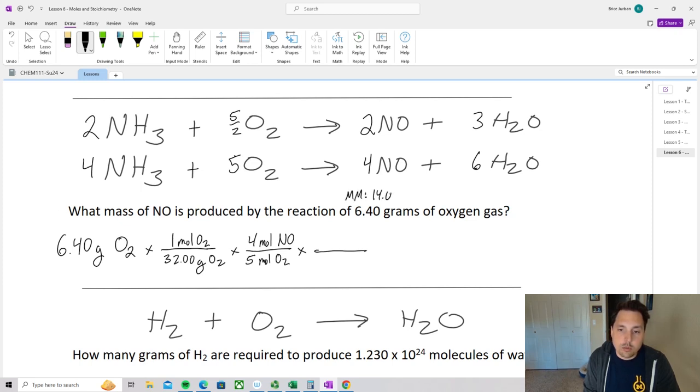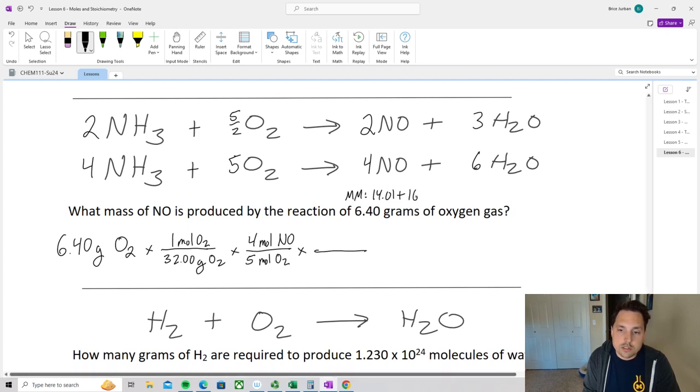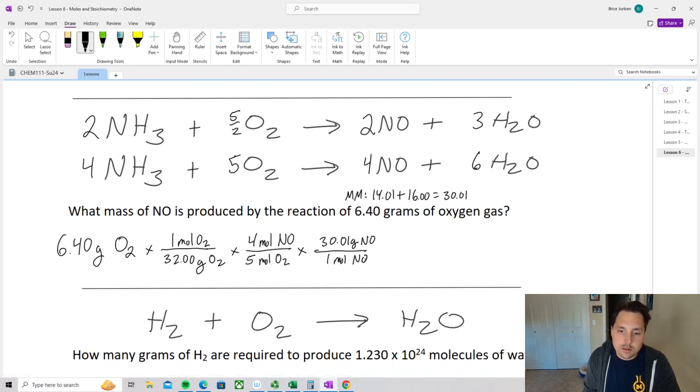It's 14.01 plus 16, or 28 point, not 28, that's 30.01. 30.01 grams of NO per mole of NO.